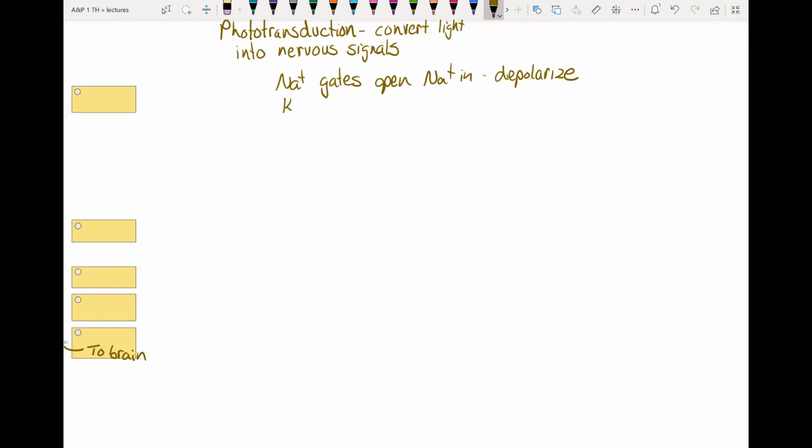And we know that when potassium gates open, potassium goes out, and this will repolarize or hyperpolarize. The idea is that sodium raises voltage, potassium lowers voltage.